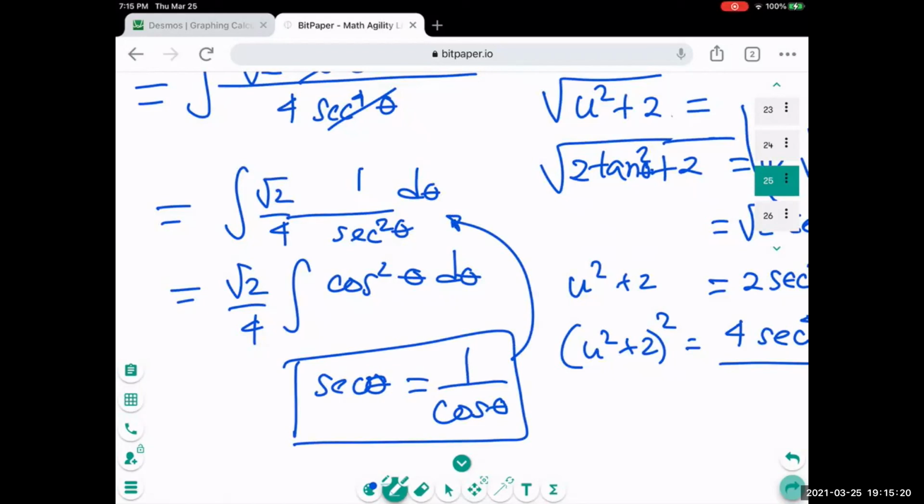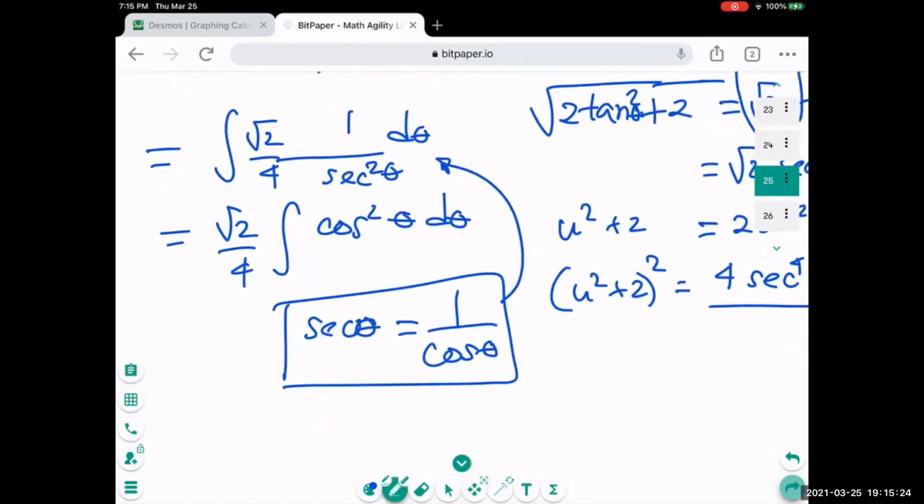But we have, again, another identity for cosine squared theta. Or rather, not the identity, but the integration table for cosine squared theta. So we don't do several steps before we get the final answer. So, the integral of cosine squared theta d theta.